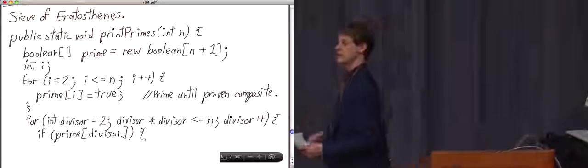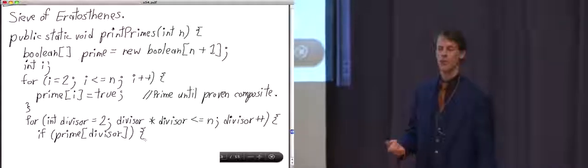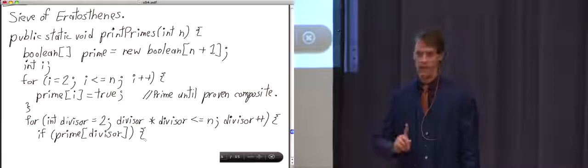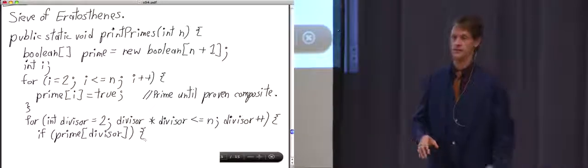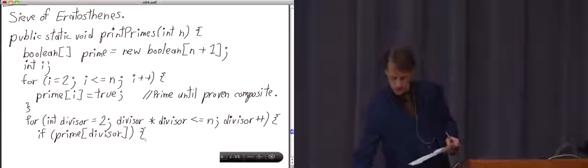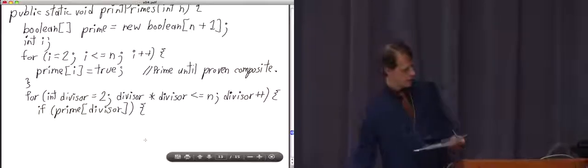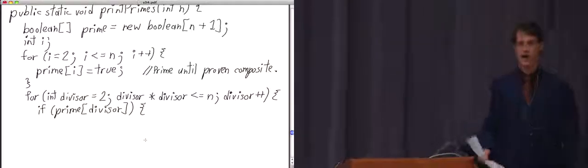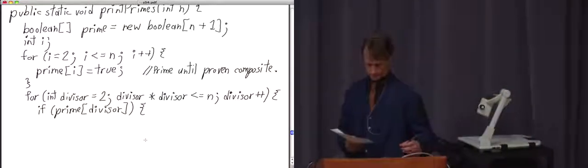The reason why is that to figure out which numbers are prime, we don't have to test a number against every possible divisor. We only have to test it against the prime divisors. So if a divisor is prime, we're going to mark all the multiples of that divisor as not prime.